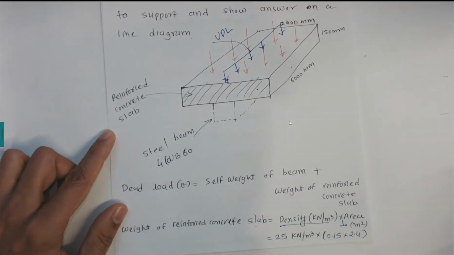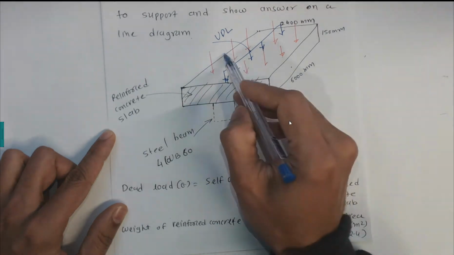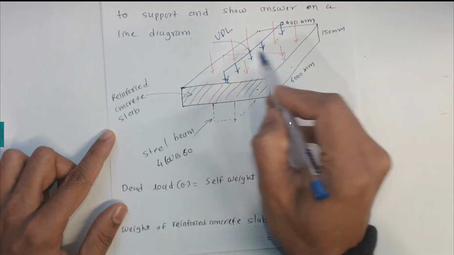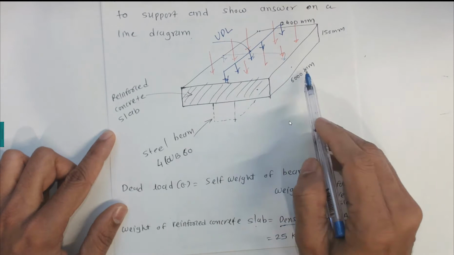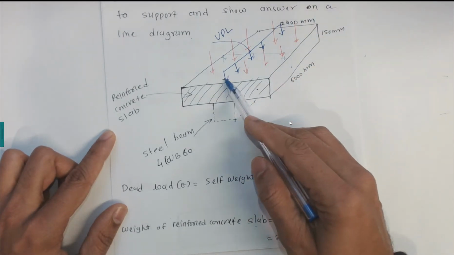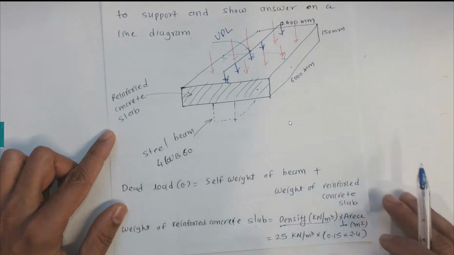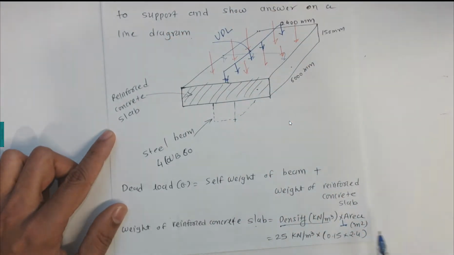Now if the question is asking to find the loading along the width of the steel beam, or for example if you want to calculate this UDL in this direction, then in this case we take this area. But our question is to find along the length. As you can read in the question, we need to find the UDL along the length, so we need to multiply this area by 25 kilonewton per meter cube.